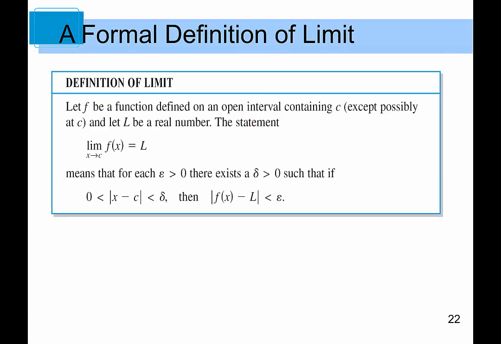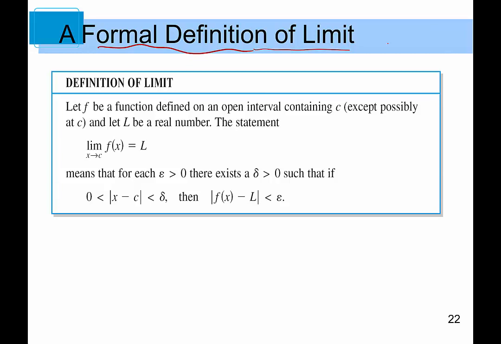So let's take a look at the formal definition of the limit. Let f be a function defined on an open interval containing c, except possibly at c, and let L be a real number.